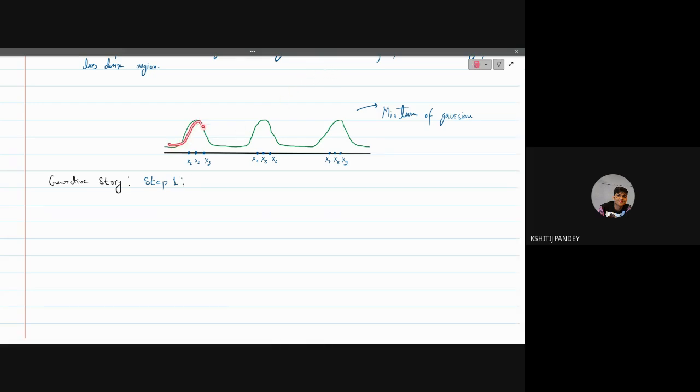You have three Gaussian distributions here, and you have to select from where a given point is getting generated. So we have to pick which mixture a data point comes from.